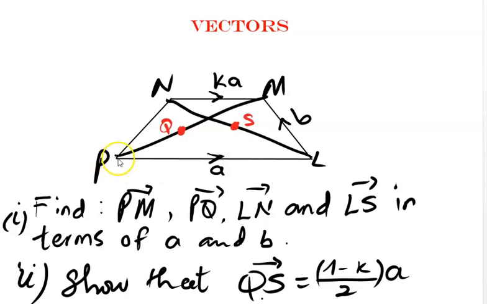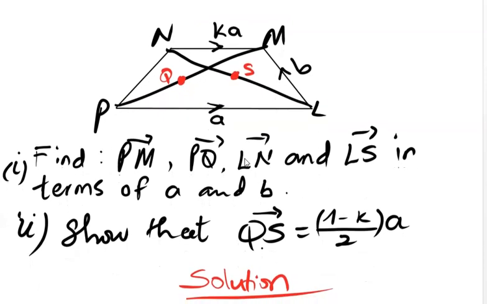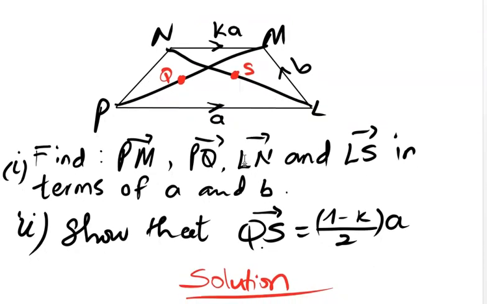And we have been given P to L, L to M. In fact, one thing to note in vector geometry is to make sure you use only the paths that you know, the paths having arrows. You follow those paths.